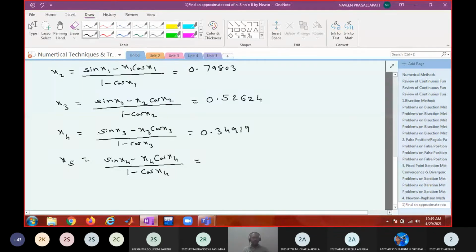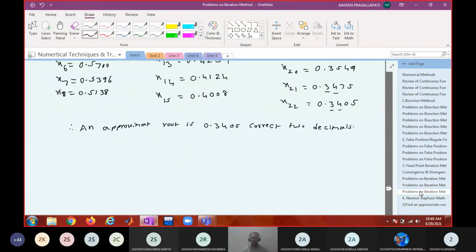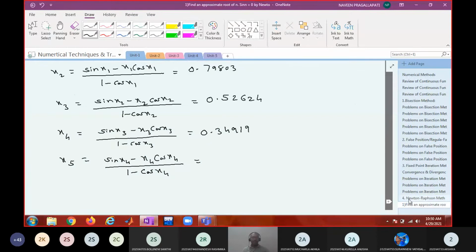Let's see whether we will get 2 decimal places. I think the next iteration will get you. What was x5?